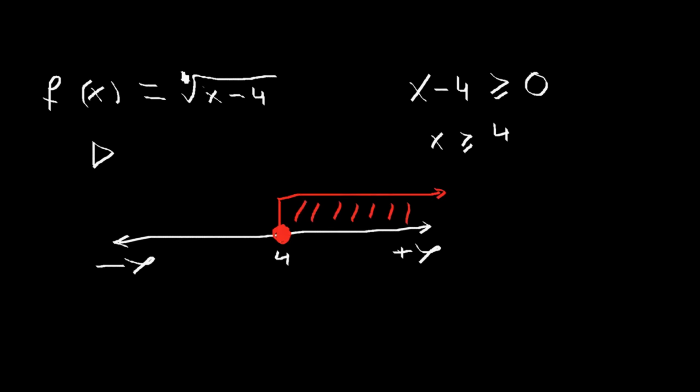So the domain of the function f(x) is equal to, now we have to include 4, so we use square brackets, 4 to infinity. And this is how we find the domain of f(x) equal to the square root of x minus 4.